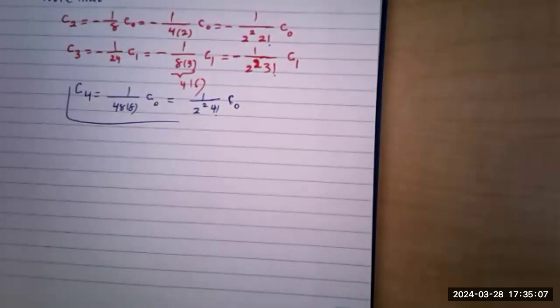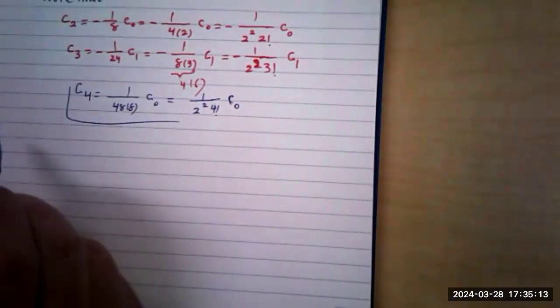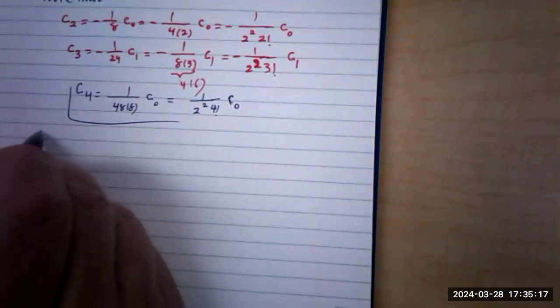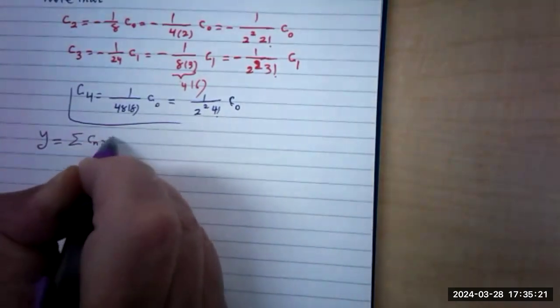Now, if you put them together, even if you don't want to do this one, you have to do this to tell us what sort of solution you have. So let's see. Y was what? Sigma of Cn x to the n.